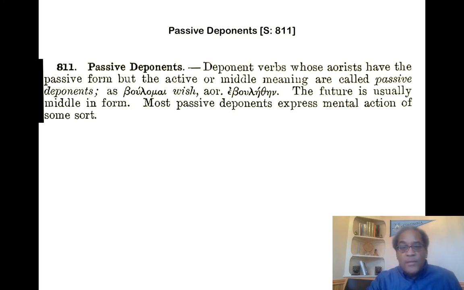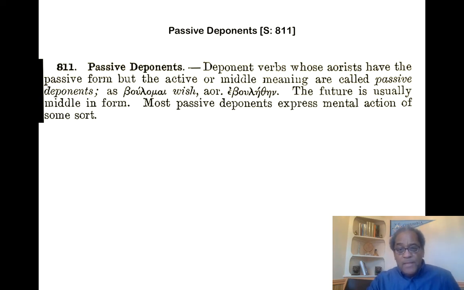So here the example he gives is boulomai, wish, which if you see this in the aorist, it's going to be eboulēthēn, which looks like a passive, but it has active or middle meaning.